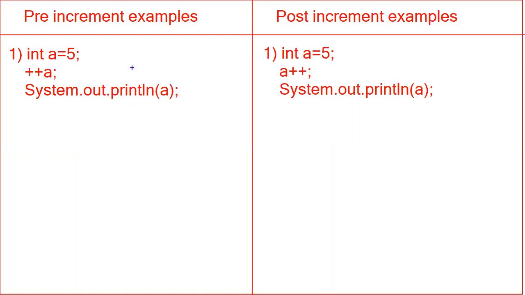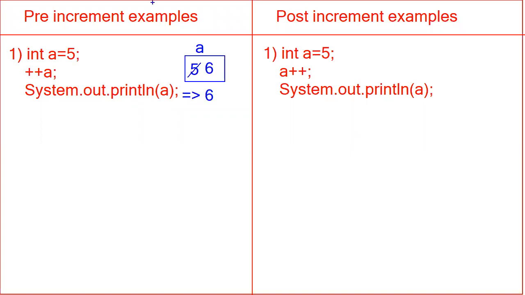See, first of all, memory is allocated to a. Here a value 5, int a equal to 5, then plus plus a, it is incremented by 1, it will become 6. Here you'll get output 6.